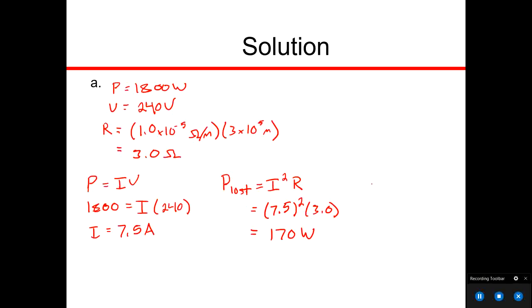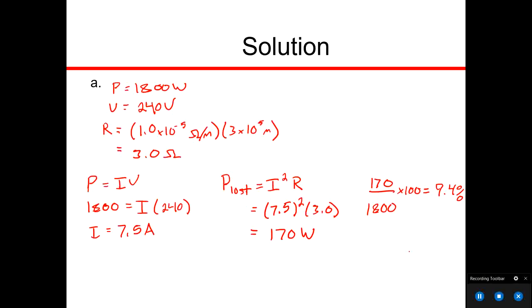Finally, we can plug this in and calculate. We have our power lost as 170 over the total operating power, 1,800. We divide those, times 100, and that gives us 9.4%. So 9.4% is the amount of power lost if we send the power at 240 volts.